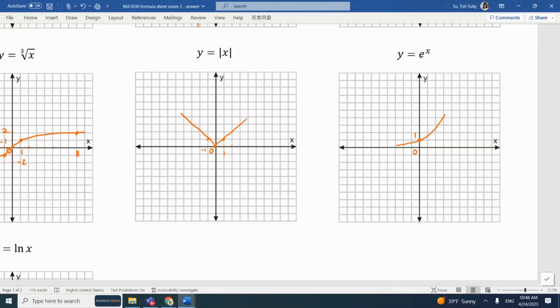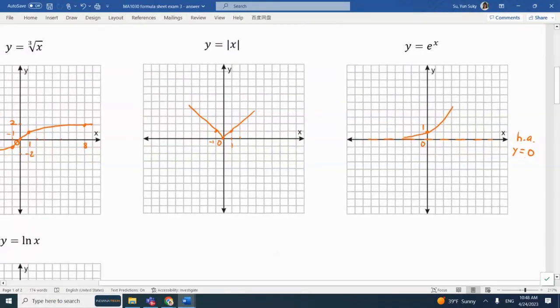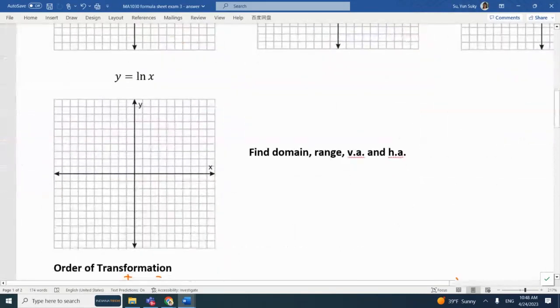You also need the horizontal asymptote, y equals 0, so write it down on your formula sheets. Then ln of x passes through the key point (1, 0), and goes up like that. You have vertical asymptote x equals 0. Okay, everybody?